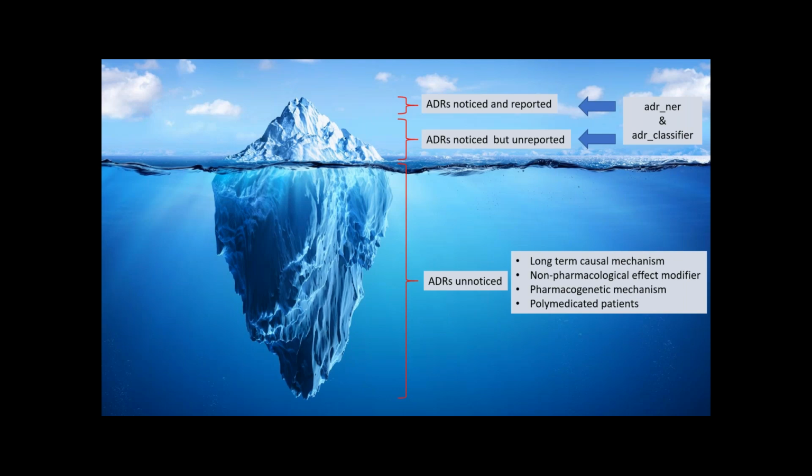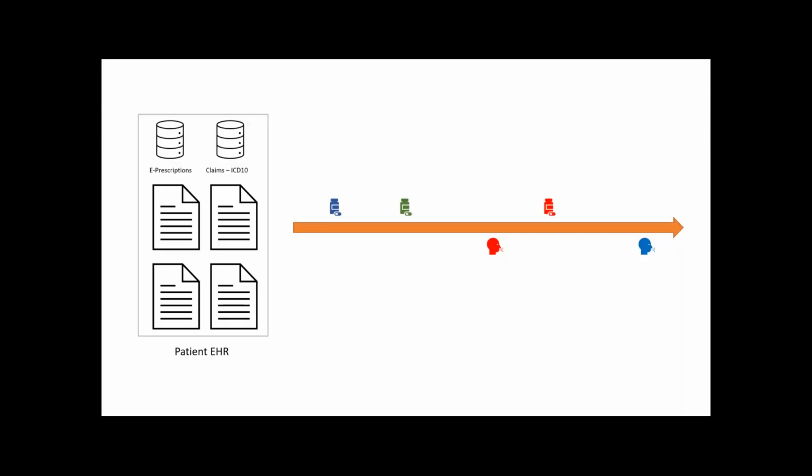So with these technologies, we are able to identify these adverse drug reactions that are noticed. But how about the unnoticed adverse reactions? How can we identify those events that even the patient or the doctor is not aware of?